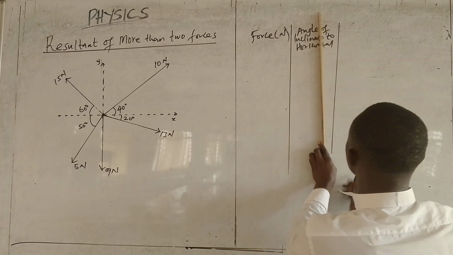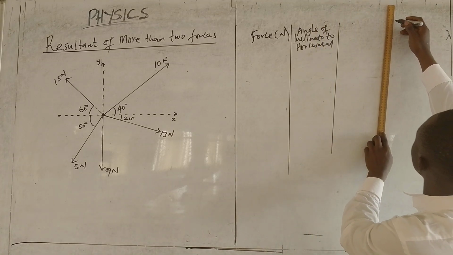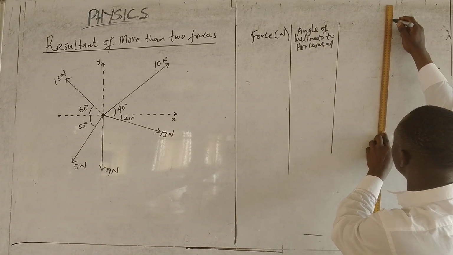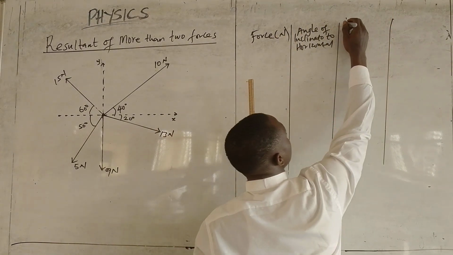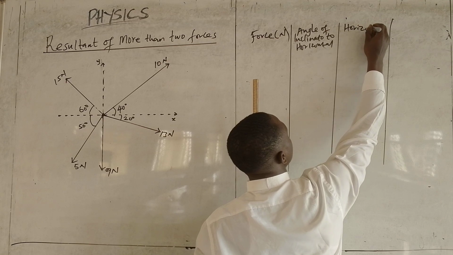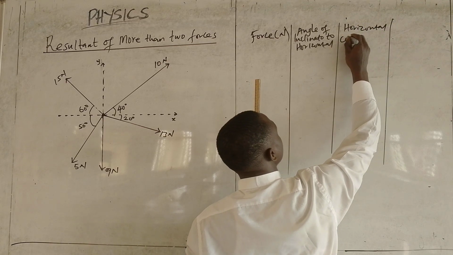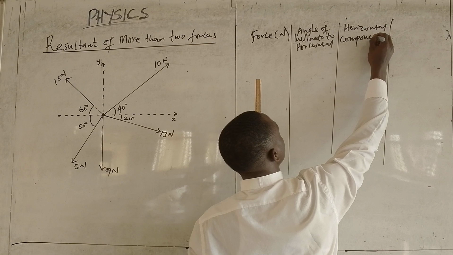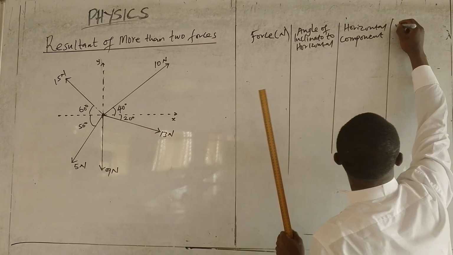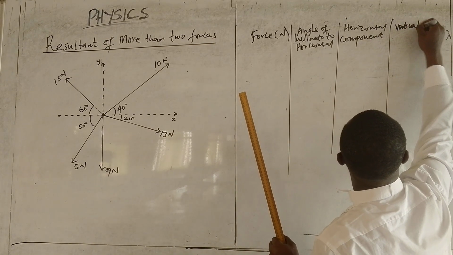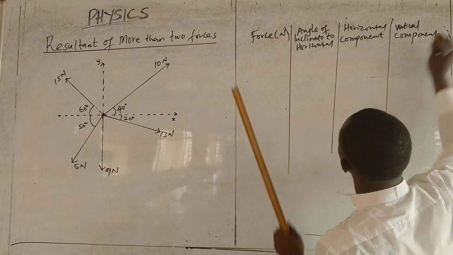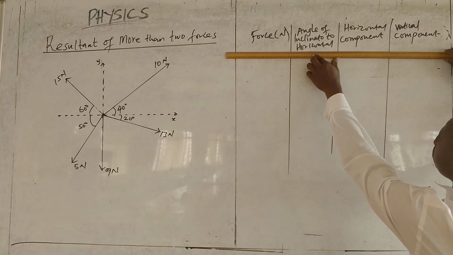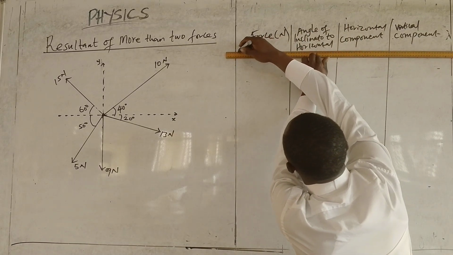So please don't forget, we are using angle of inclination to the horizontal and not to the vertical. Then this is going to be horizontal component. You will find the horizontal component of each force. Then lastly, we have vertical component. You also find the vertical component of each force. Then draw your line.